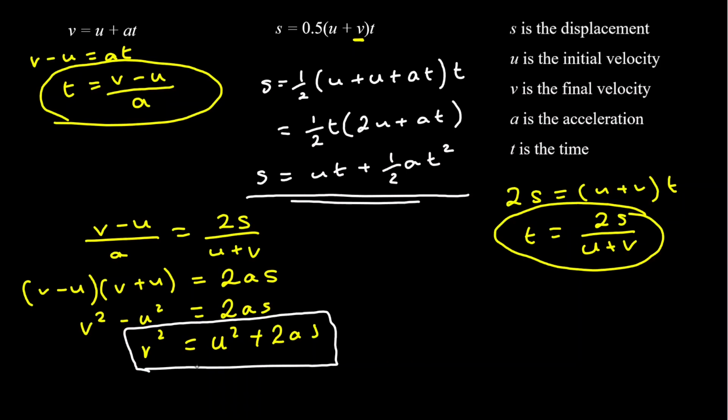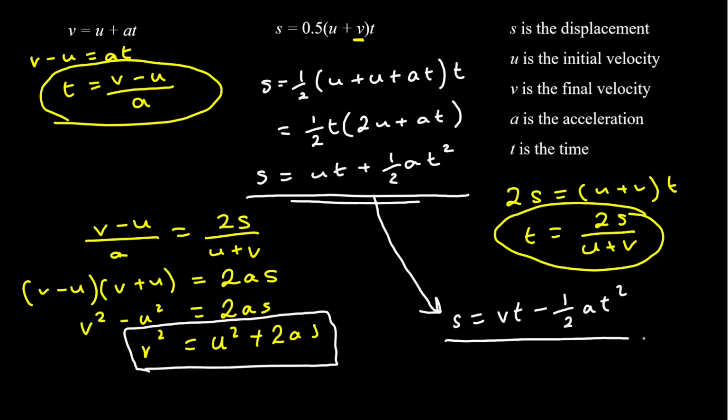So now we have 4 formulas we can use. If we eliminated u, we would actually get another one. I'll just make a note of this down here. So instead of s equals ut plus half at squared, we would have got s equals vt minus half at squared. So that is actually another one we could use as well.